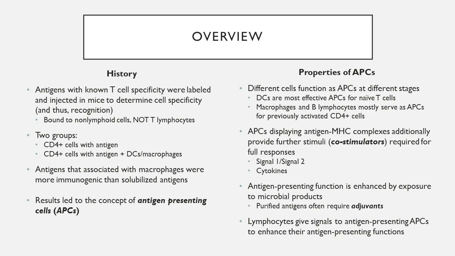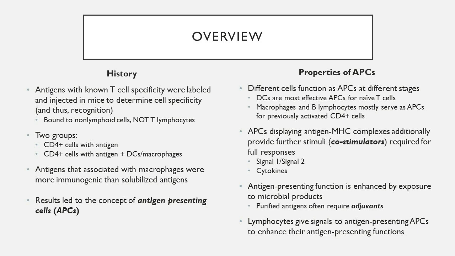In fact, B lymphocytes are only useful to serve as APCs for previously activated CD4 plus variety T cells. And that's because they only have the MHC, the major histocompatibility complex, that can be recognized by CD4 plus cells, and not other subvarieties of T cells. Dendritic cells, on the other hand, as we're going to learn, are able to express both, and thus not only activate naive cells in the various subtypes, but then also continue activating both CD4 plus and CD8 plus cells down the road.